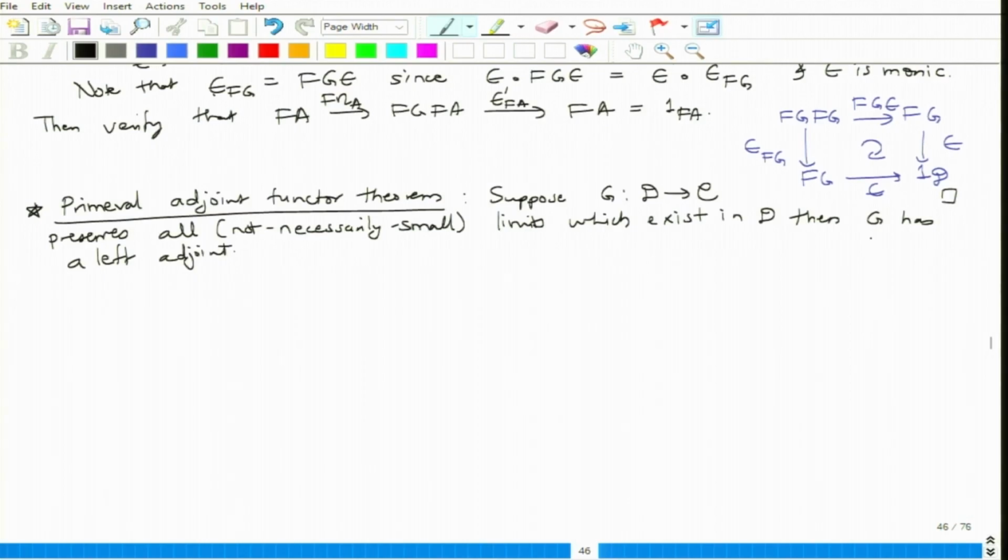Okay, so this will be our most basic primeval form of this theorem. But in practice, you can never verify this. You are asking for large size limits and you don't even want to talk about large shapes.